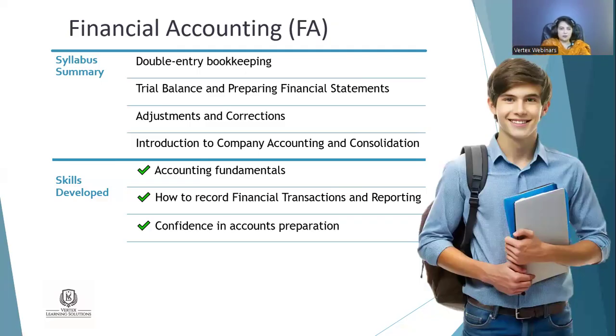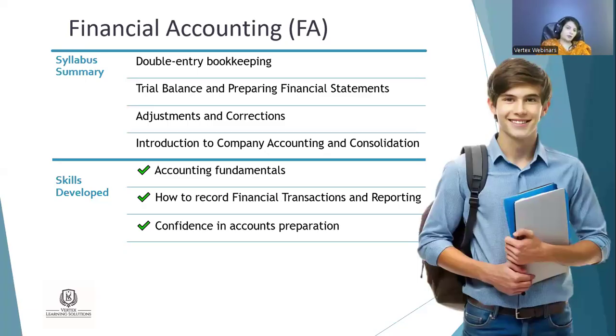And then at the end of this syllabus, I think 5 to 6 chapters are related to company accounting and consolidations. Particularly, FA1 is for the sole proprietorship, a single person who started a single entity, a business, and typically 16 to 17 chapters are related to that.